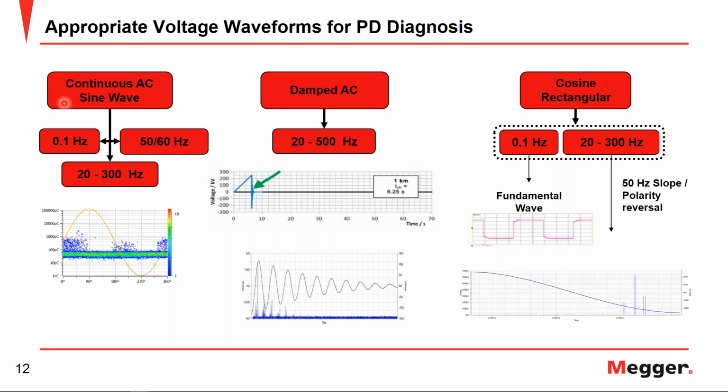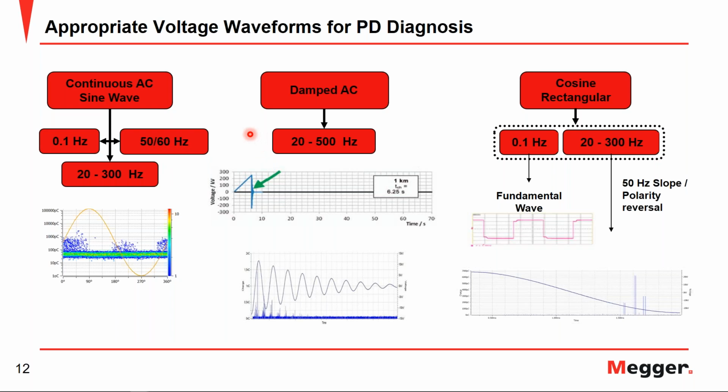There are various methods of using the continuous AC sine wave: on the left, we have our 0.1 hertz, our VLF frequency. At the bottom, we have a resonant frequency, in which a resonant test set could be used. And finally, we have our power frequency, 50 or 60 hertz, depending on where you are.